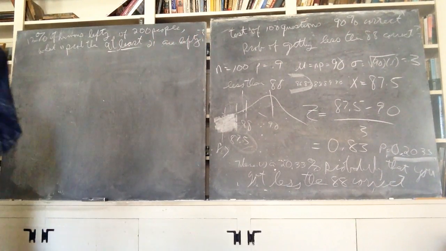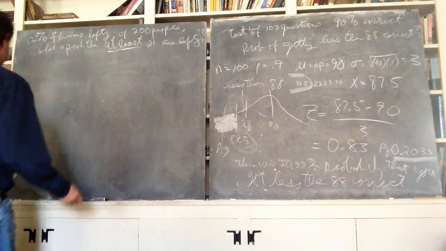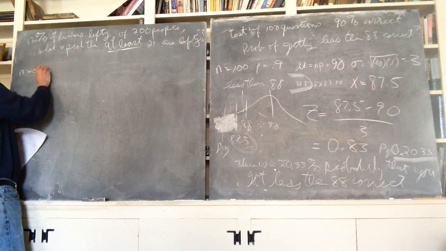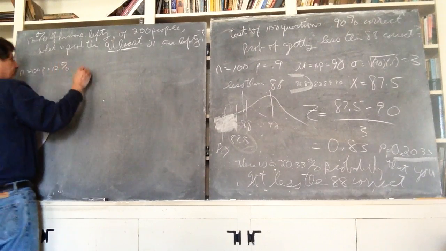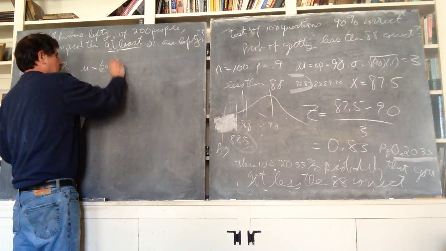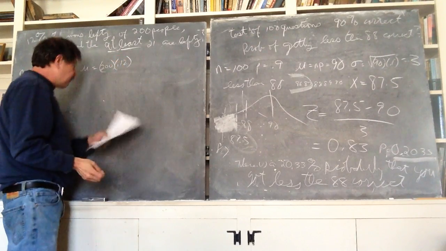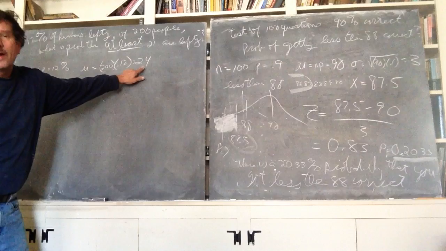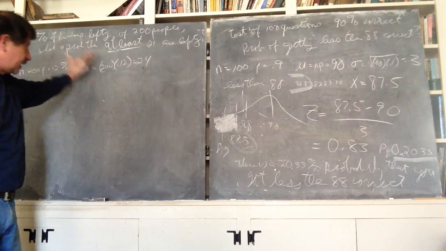All right. The steps. First, what's N, what's P? N is 200 people. P is 12%. So mu is N times P, which is 24, I think. Of these 200 people, we would expect 24 of them to be left-handed because of the percentages.